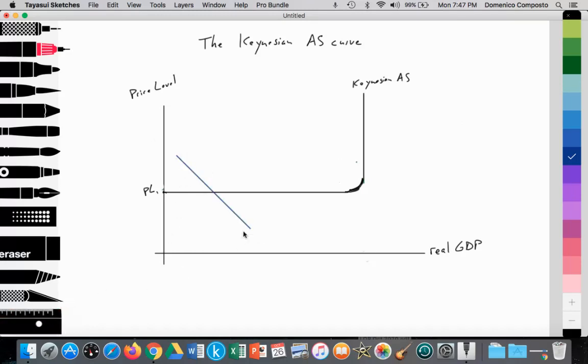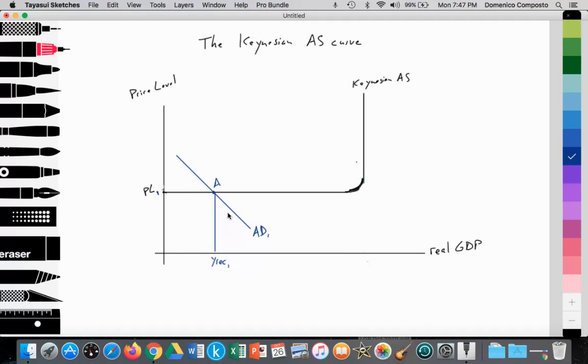Here we have AD1, and we're at point A. We have a price level at PL1, and we have real GDP at Y recession 1. So aggregate demand intersects with the Keynesian aggregate supply curve, providing an equilibrium position at point A with an equilibrium price level at PL1 and an equilibrium level of real GDP at Y recession 1.